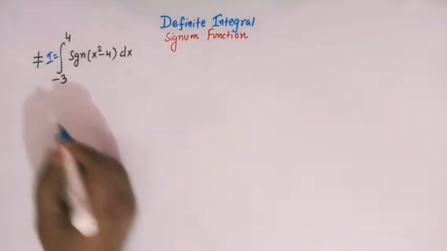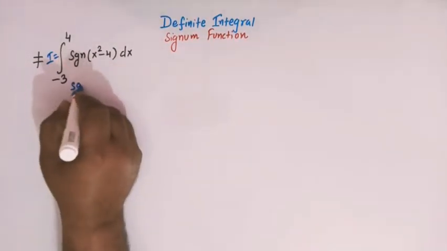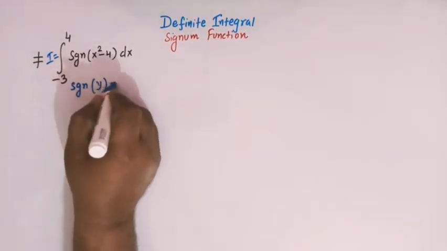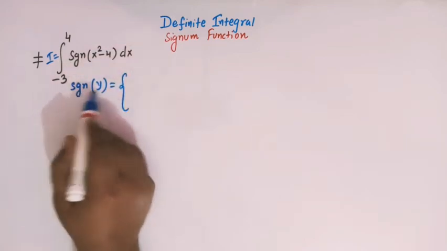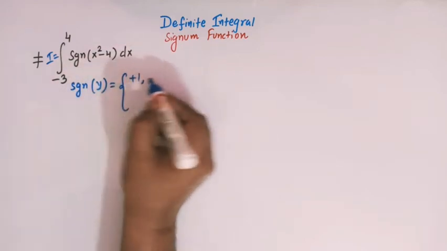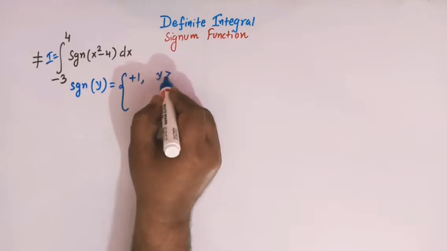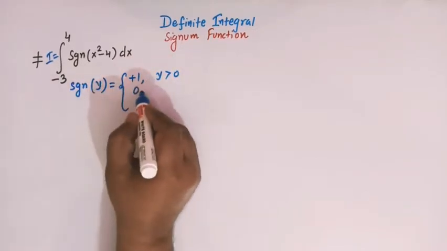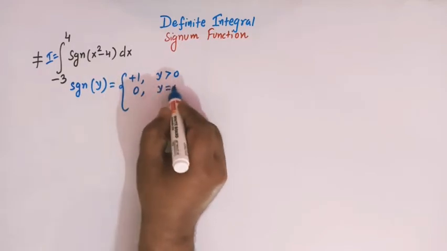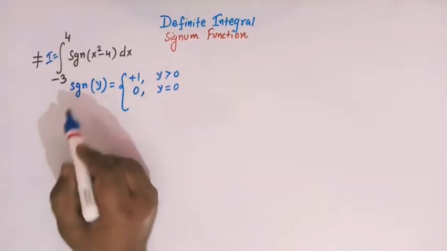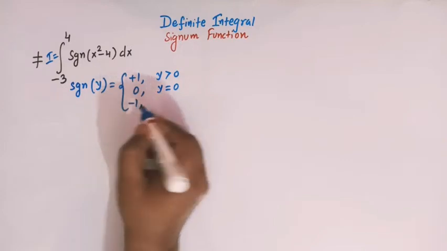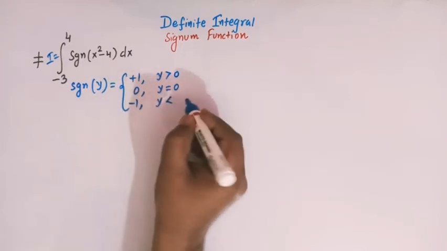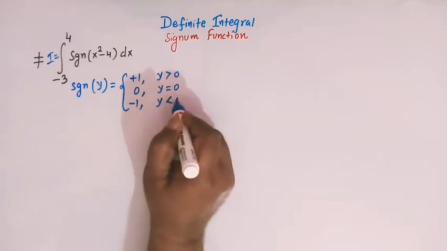The signum of y takes the value +1 whenever y is greater than 0, signum of y is always 0 whenever y is equal to 0, and signum of y takes the value -1 whenever y is less than 0.